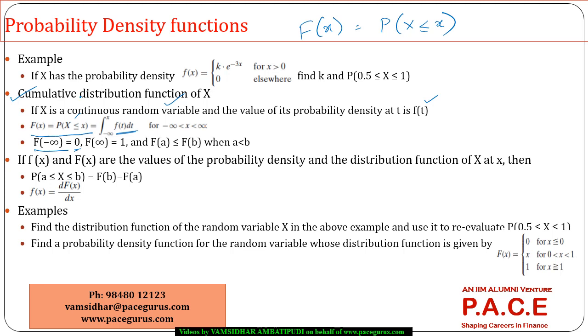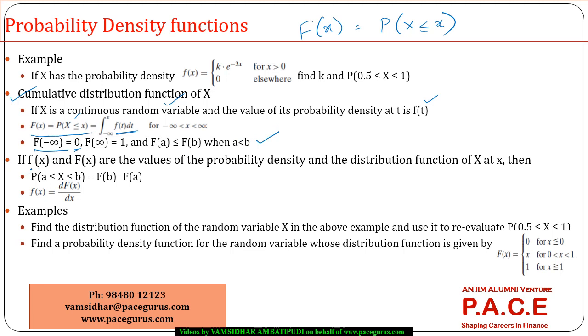And when we are talking of a less than b, the cumulative distribution function F of a should always be less than or equal to F of b. So these rules are similar to what we have seen in case of discrete.